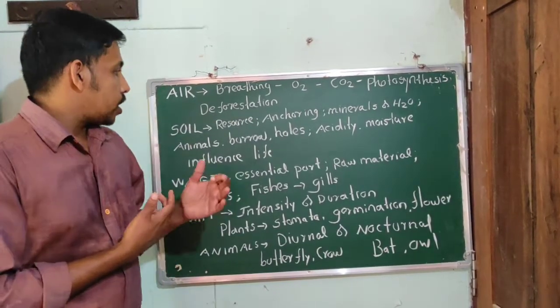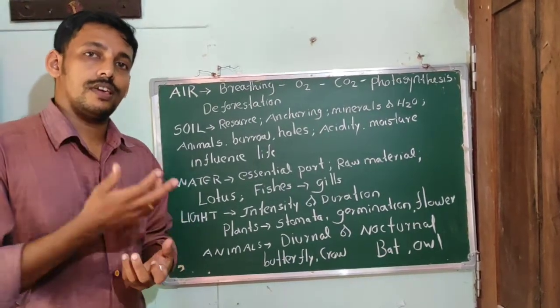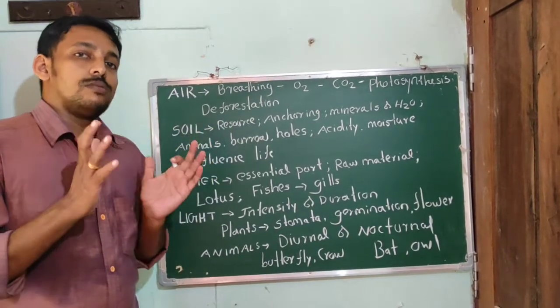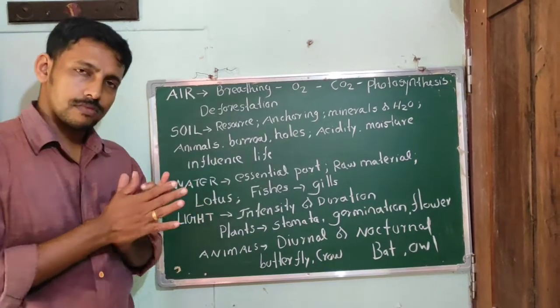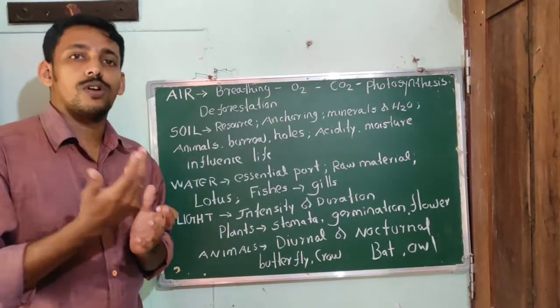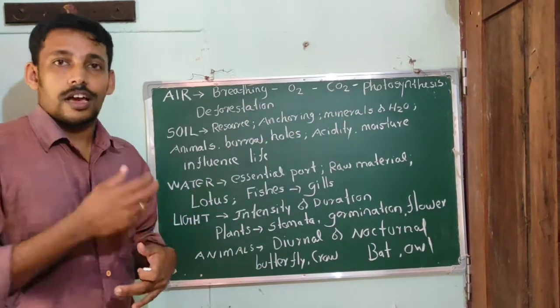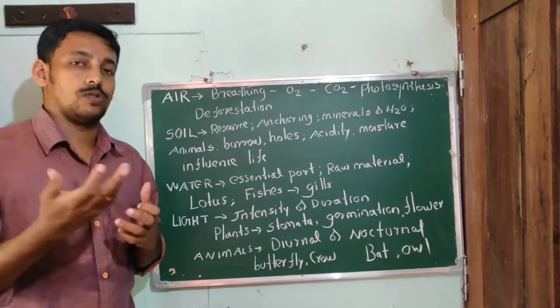So the next one is what? The soil. It is another component of the ecosystem. Soil is one of the most important natural resources. Plants use soil for anchoring. Then there are minerals and water; plants absorb minerals and water from the soil.